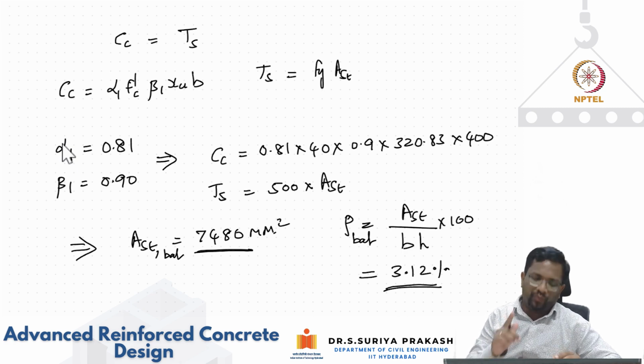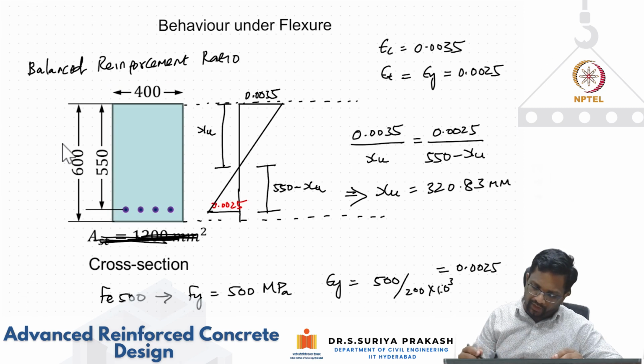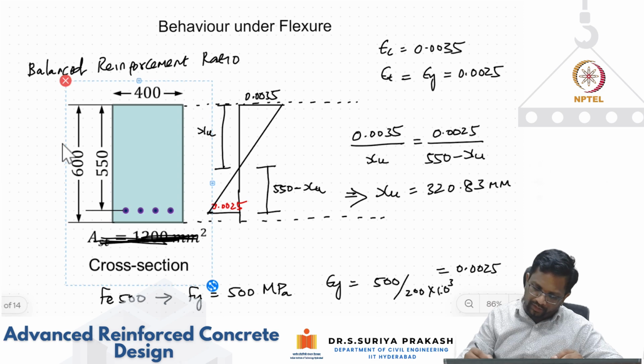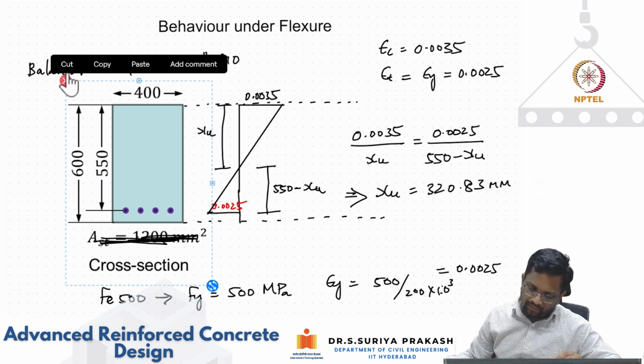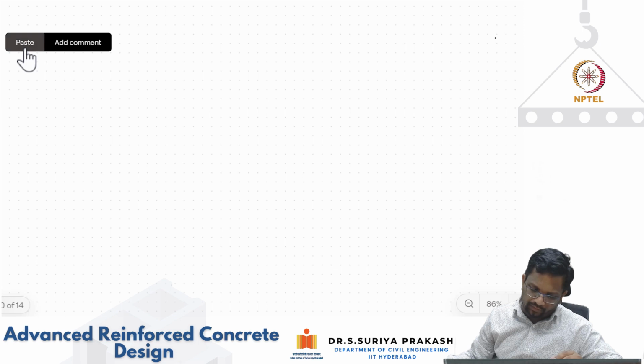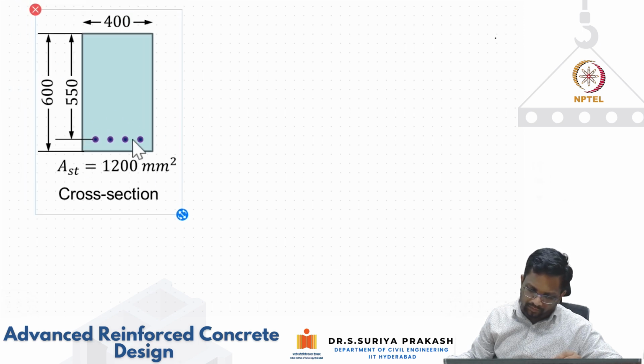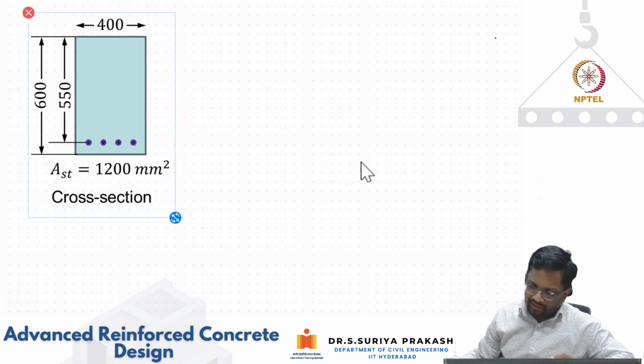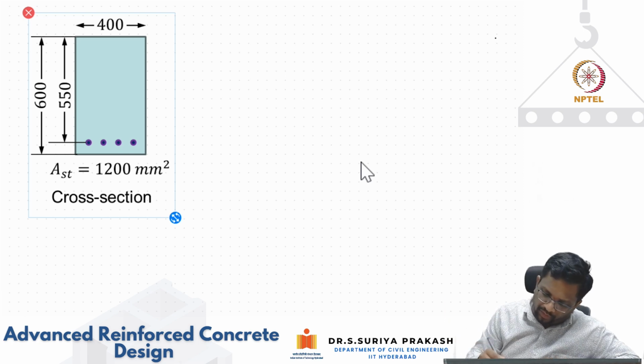I'm going to do it only for one strain value and then see how we take this forward. Now if I copy this and substitute this here, the only thing is this Ast, I'm going to take not this value.